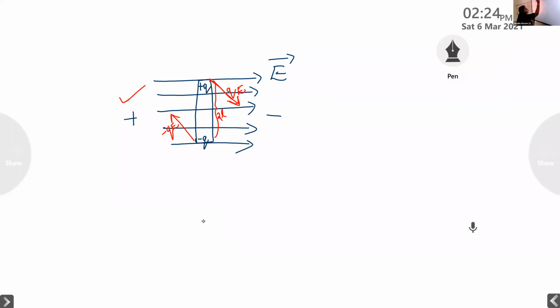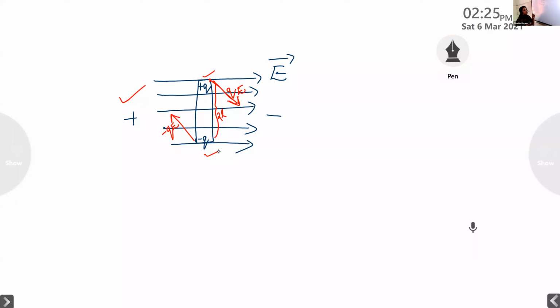But due to the presence of these forces, there are some forces present on the charges plus Q and minus Q. That is why plus Q gets attracted towards the negative charge, and minus Q gets attracted towards the positive charge. So due to the forces present on the charges of the electric dipole, the dipole undergoes a slight rotation inside this uniform electric field.